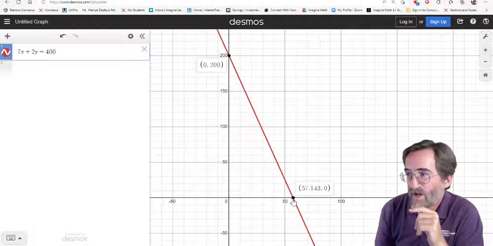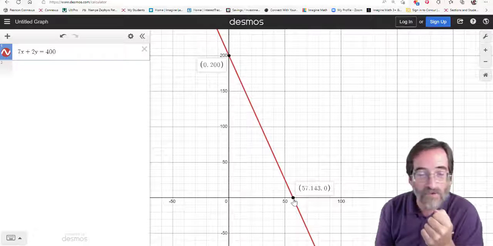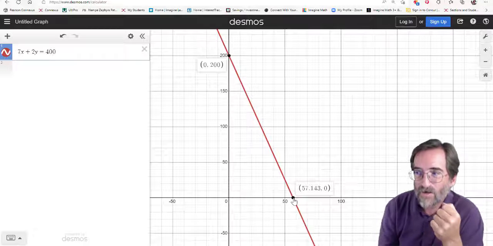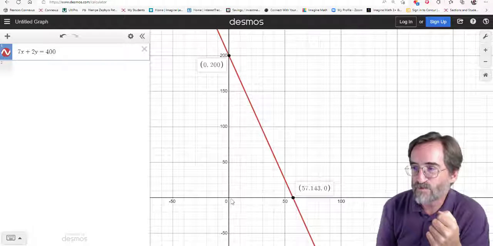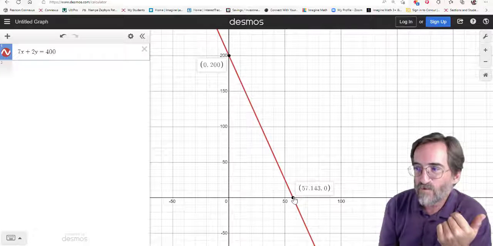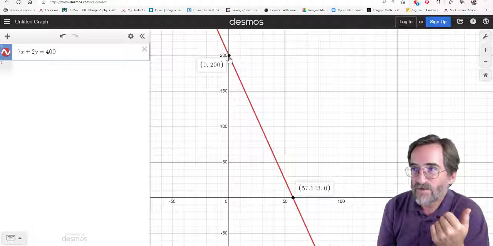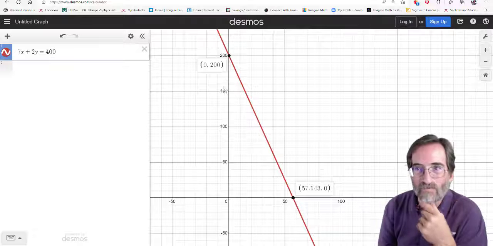If I have 0 adults and 57.143 children, I will make, actually I think that the X was the adults, wasn't it? X was the adults. 57.143 adults and 0 children, I'll make $400. And if I have 0 adults and 200 children, I'll make $400.